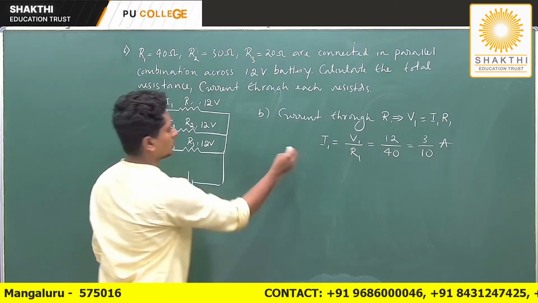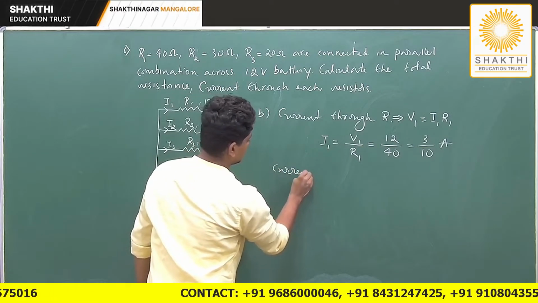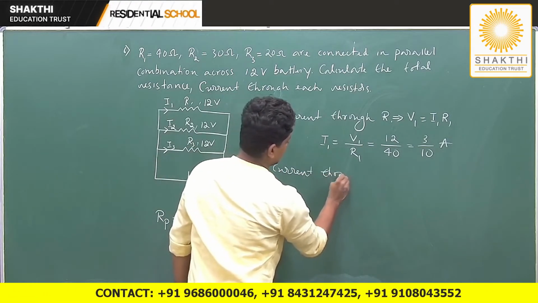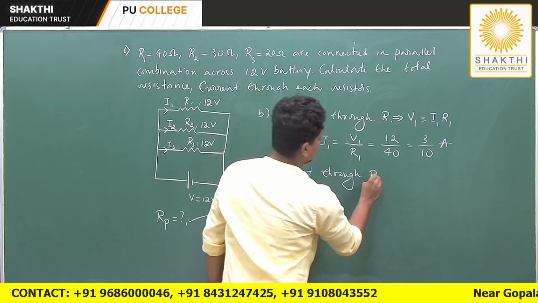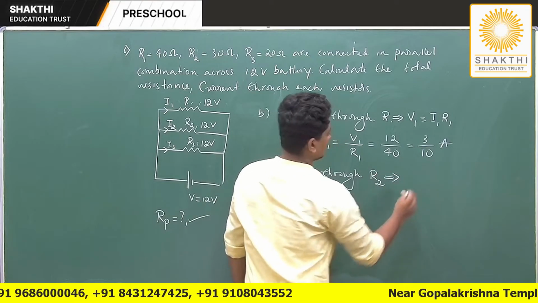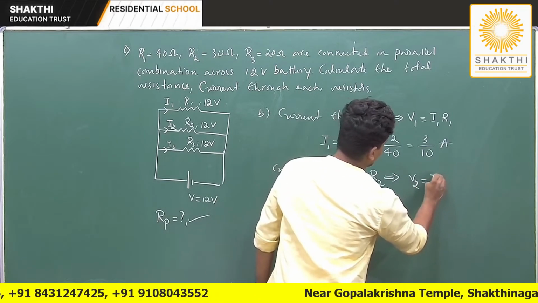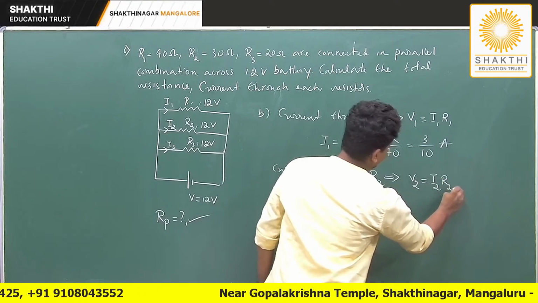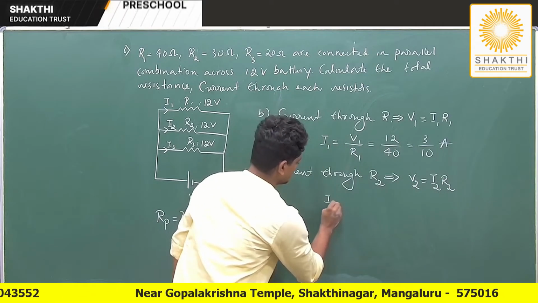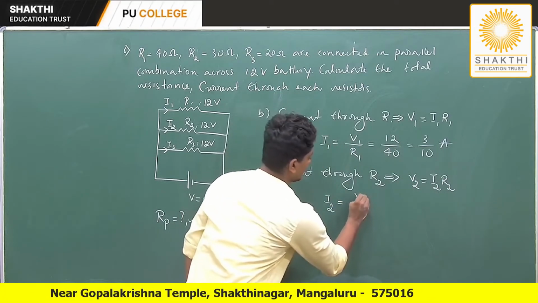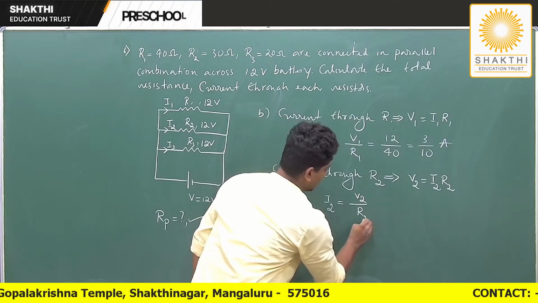Similarly, if you want to calculate current through R2, I use the formula V2 is equal to I2 into R2. I have to find out I2, which is nothing but V2 by R2.